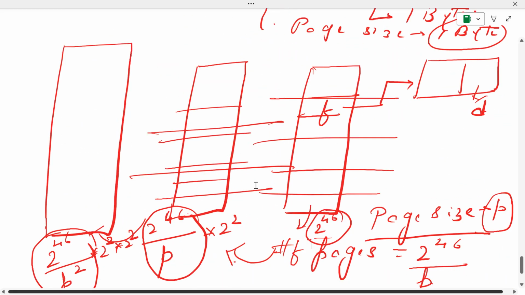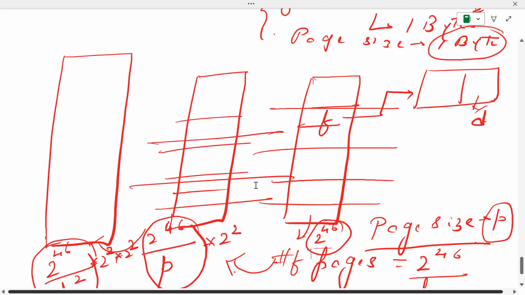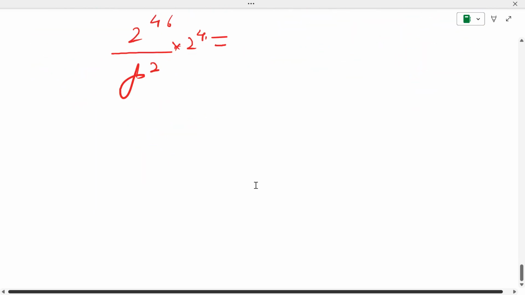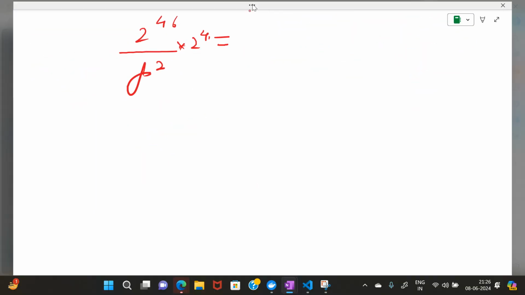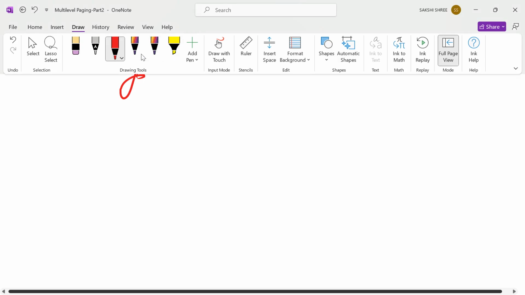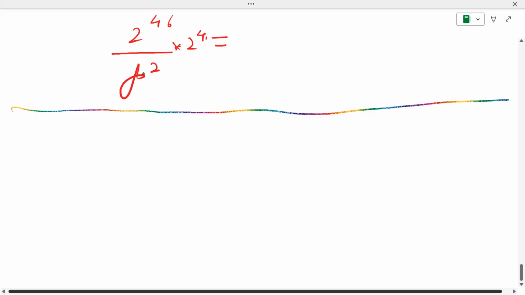We are not multiplying it by 4, right? Okay, let's reconsider this question once more. I think I did some mistake somewhere. Just let me recall this question.